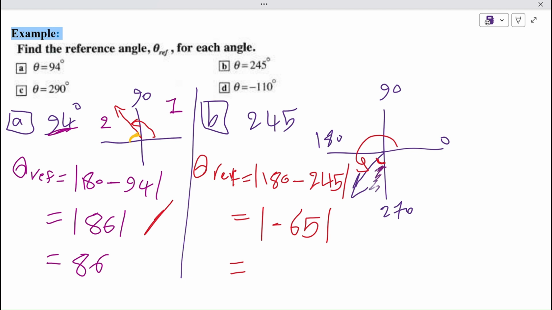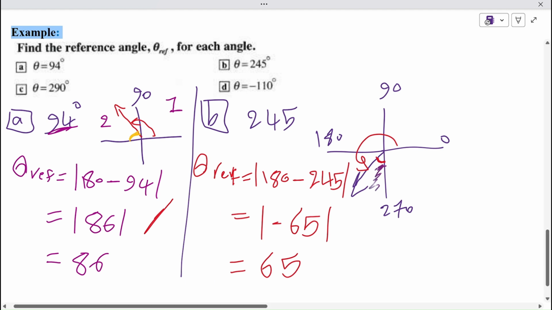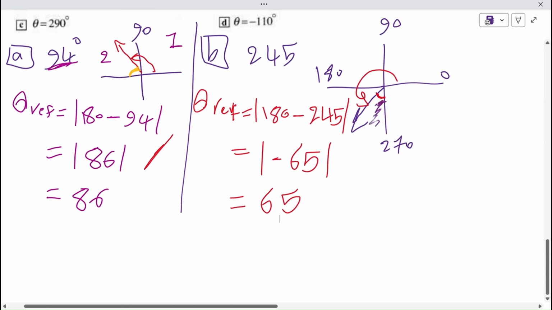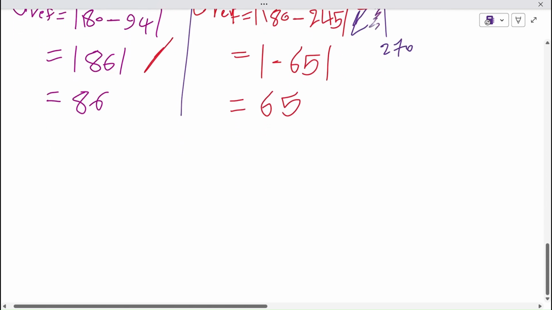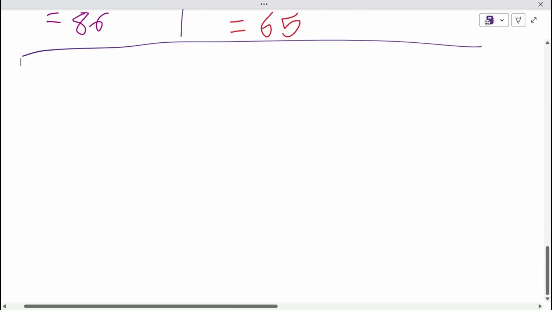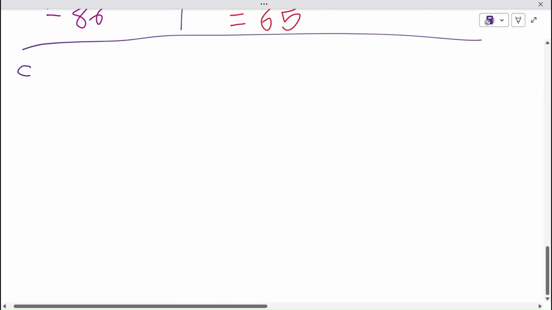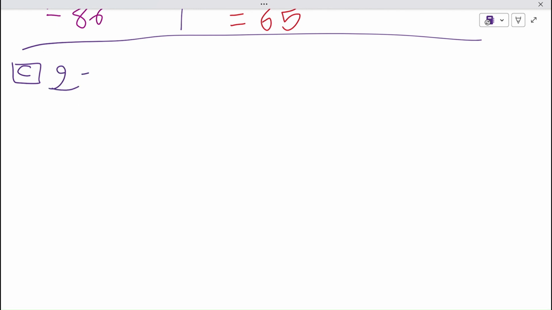Now, what about C? C is 290. Let's sketch it here. Where is 290? This is 0, 90, 180, 270, 360.